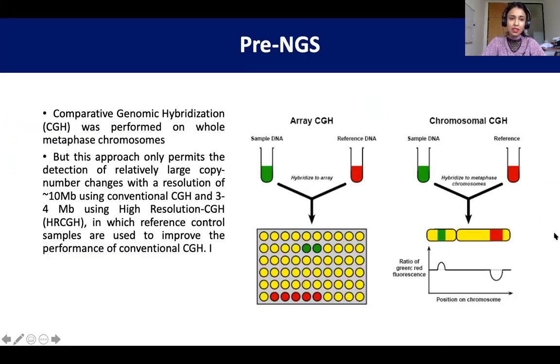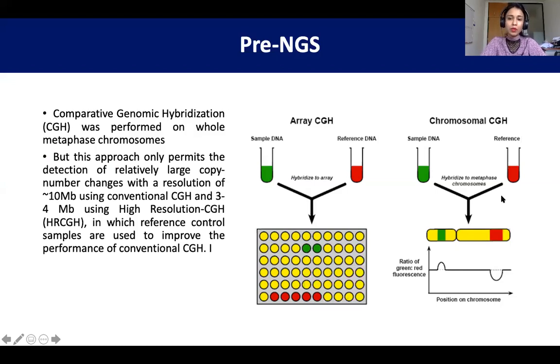And the last technique, which was also being used before sequencing was introduced, was CGH, or comparative genomic hybridization. It is also very similar to the array method, except that it is done on metaphase chromosomes, right? On whole metaphase chromosomes, as shown here. So you have your sample DNA and you have your reference DNA.